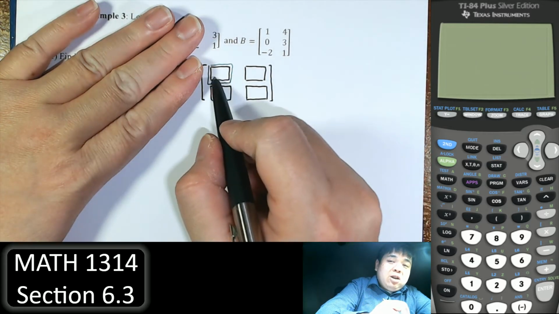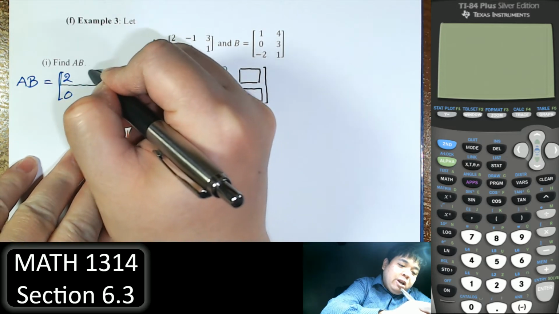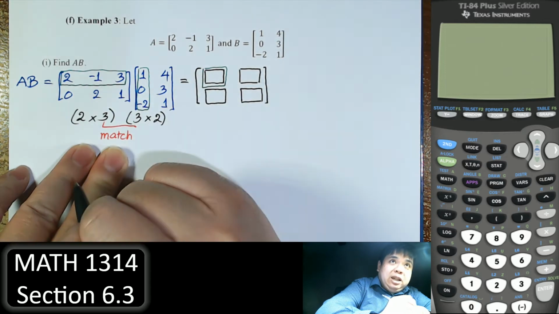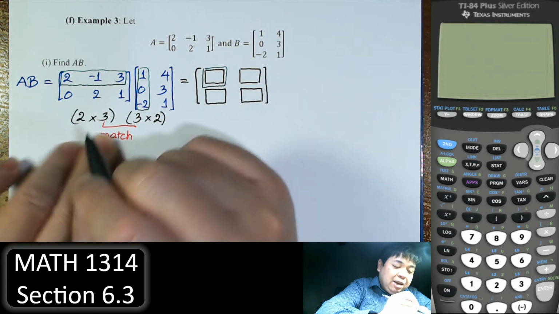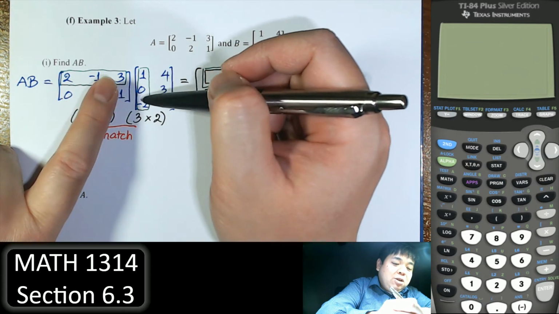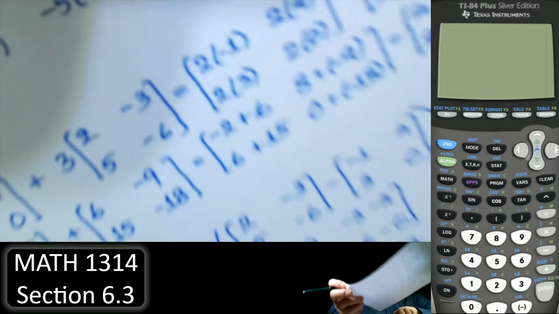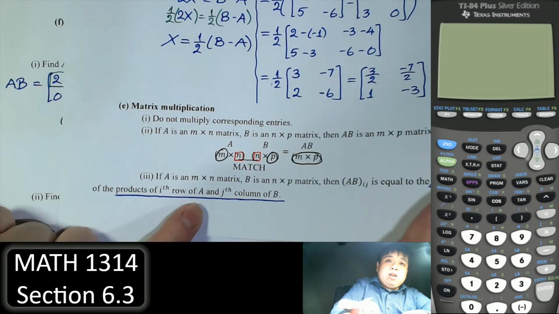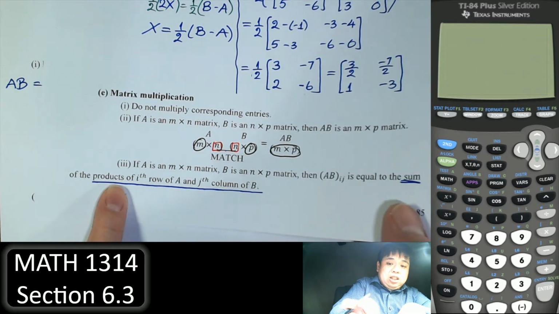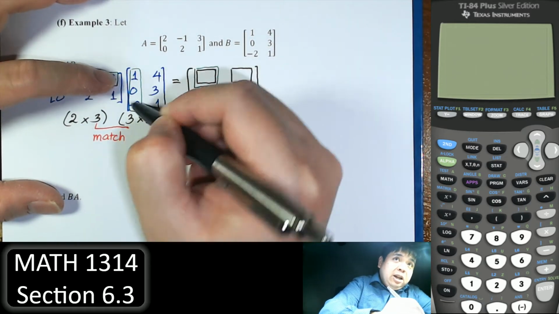So both of them have 3 entries: 2 times 1, negative 1 times 0, 3 times negative 2. The rule says it is the sum of the products of the row from the first matrix and the column from the second matrix, meaning we multiply those entries and then add them.